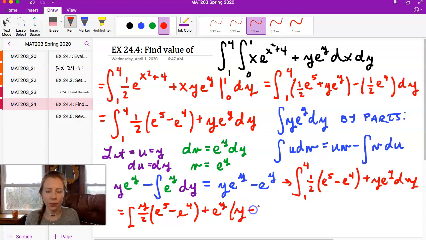We have y minus 1 left, evaluate from 1 to 4.